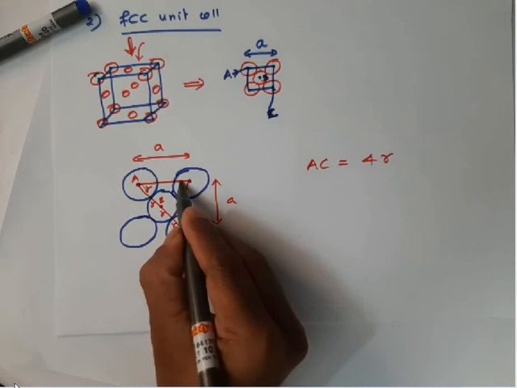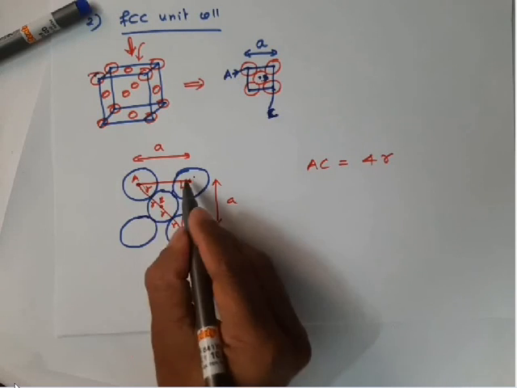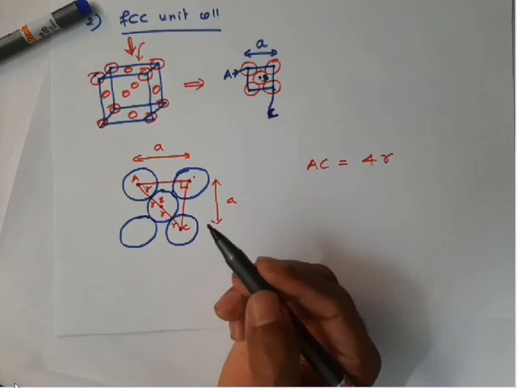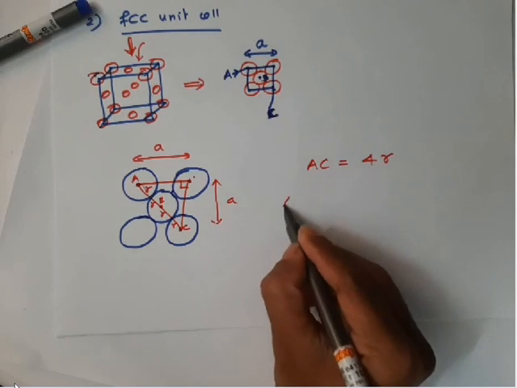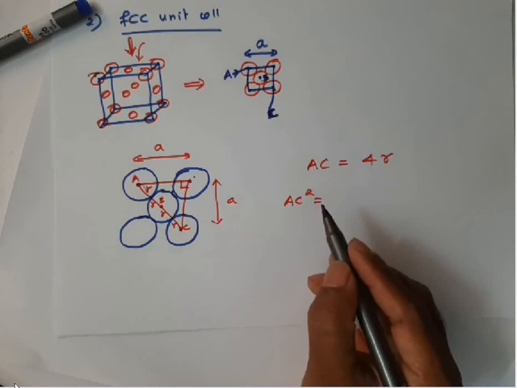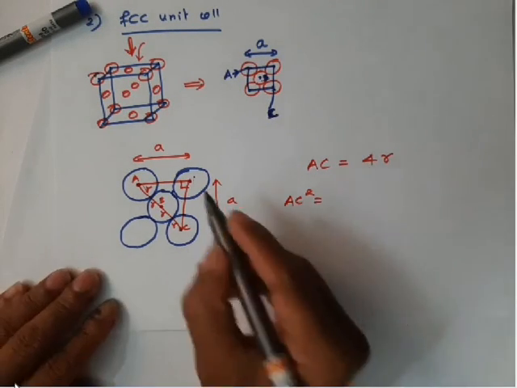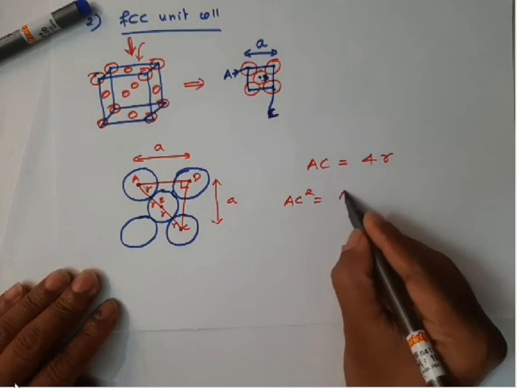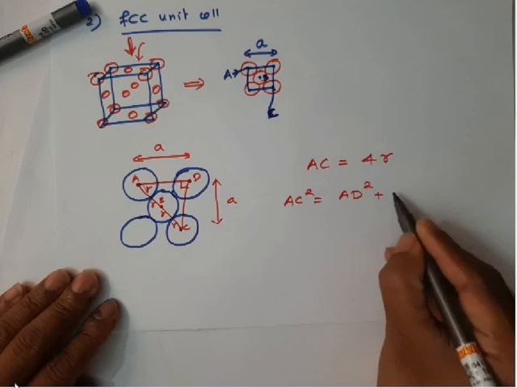Now this triangle looks like a right angle triangle, am I right? It's a right angle triangle. So we can apply the Pythagoras theorem, according to which AC square equals the hypotenuse. I'll take this as D. AC square equals AD square plus DC square.